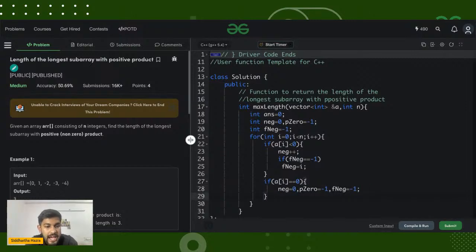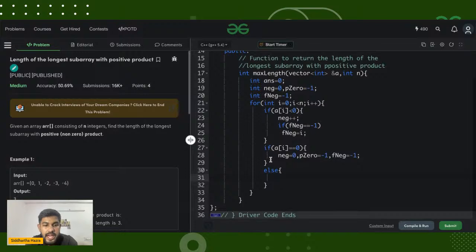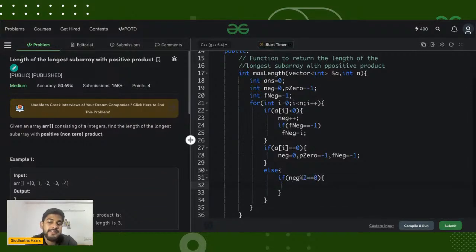After resetting the values, I would add an else condition. At this point, if negative is even, that is, on dividing by 2 it gives remainder 0, then we don't need to do anything, we just compare and update the answer: answer, comma, the current index minus previous 0.